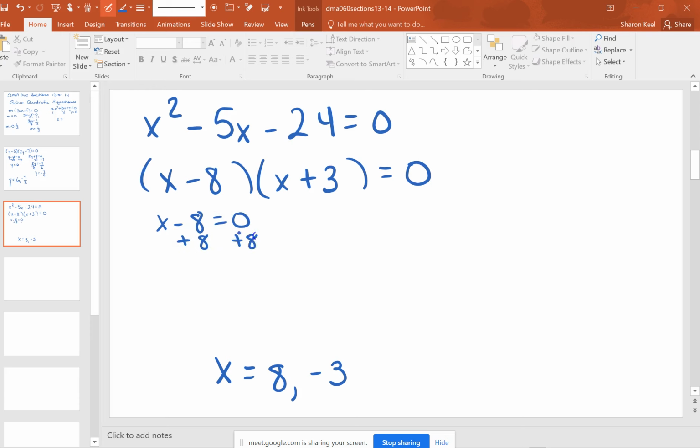So when you move your 8 over, x equals positive 8. Here, x plus 3 is 0. Move your 3 over, and x equals negative 3. So once you factor, just as we've done in sections 9 through 12, you then are given a solution of what makes each factor equal to 0.